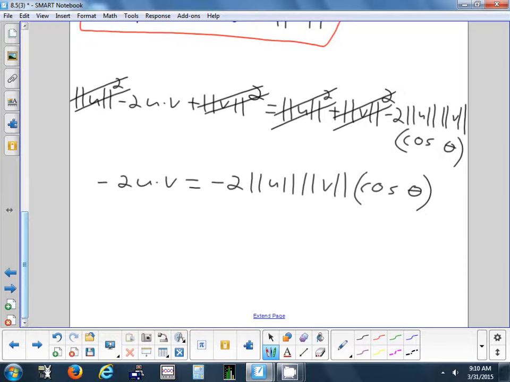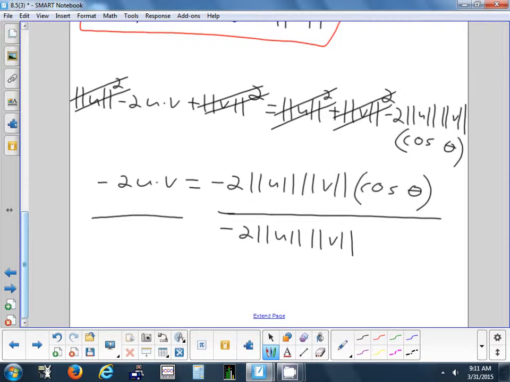Now my last step: the way they usually write this formula is they get cosine theta by itself. So how would I move everything that's left away from cosine theta to the other side? I would divide by that number in front of cosine, so divide by negative 2 times the magnitude u, magnitude v.